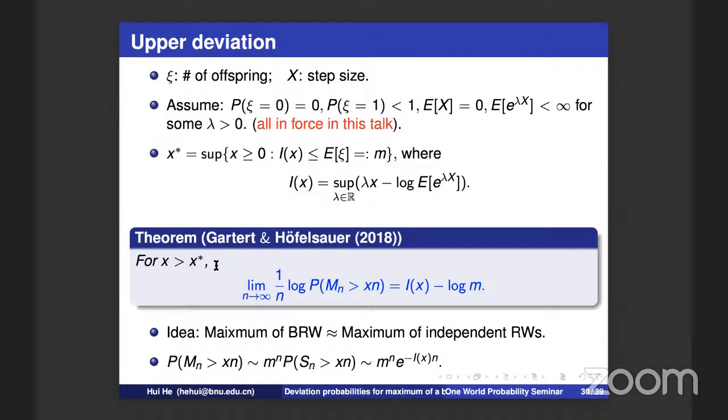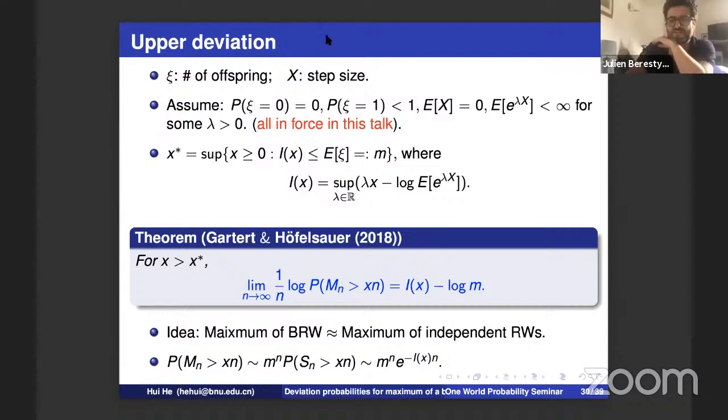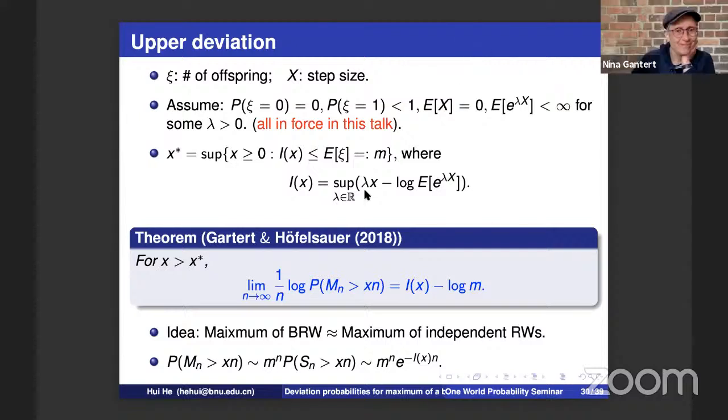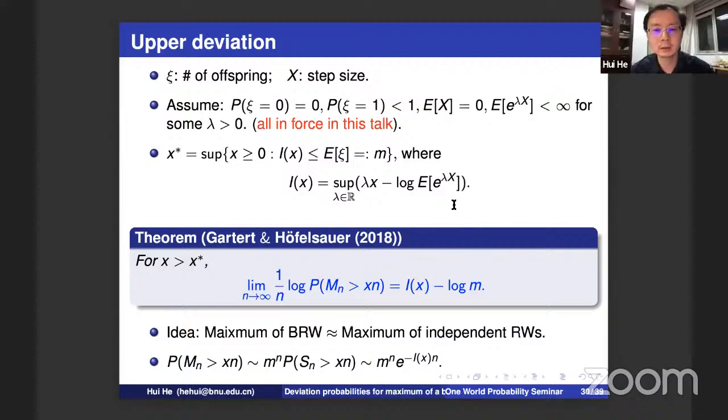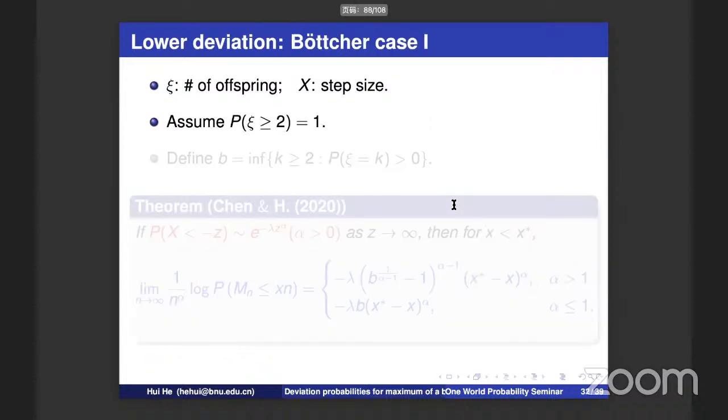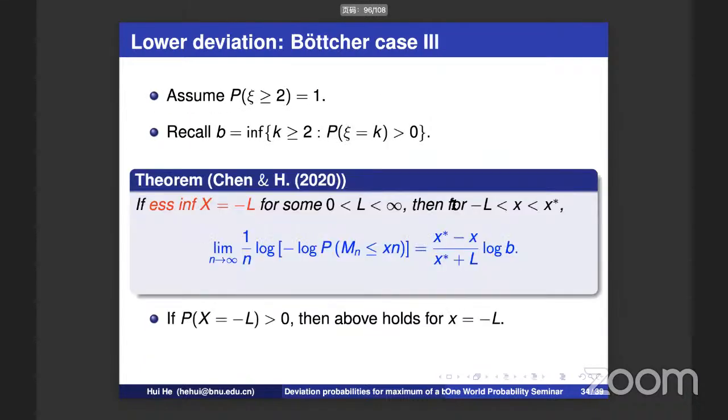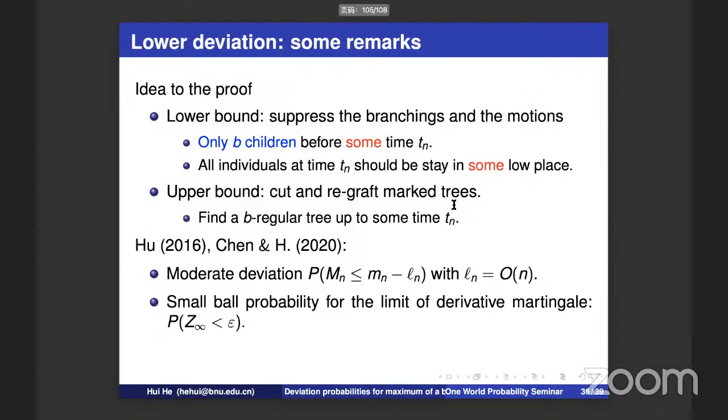Thank you. There is a question in the chat about whether it's possible to relax Ln being of order n. Your assumption at the end of the small deviation was that Ln was of the order O of n.